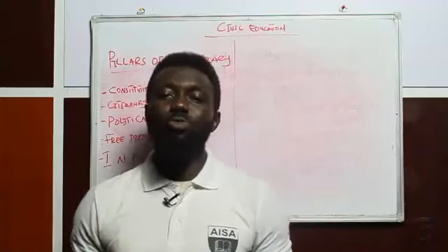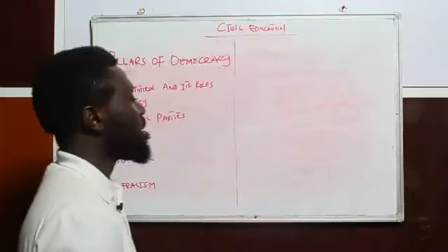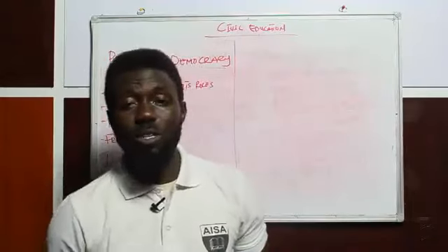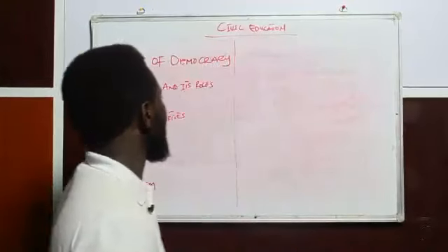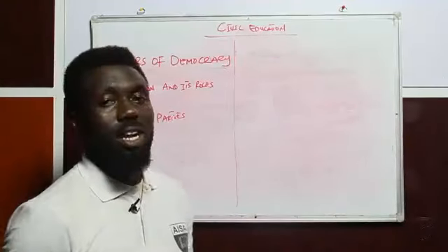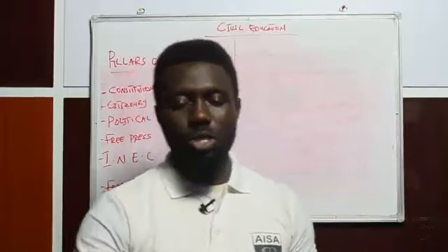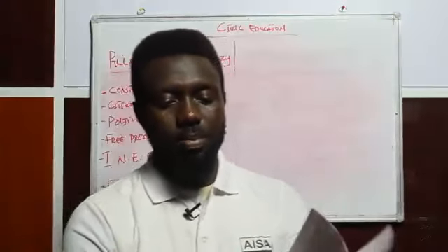So now, what are the roles that the Constitution plays? From the explanation, I've already begun to see some of the roles, but still, let us look at some of the roles that the Constitution plays in our society.